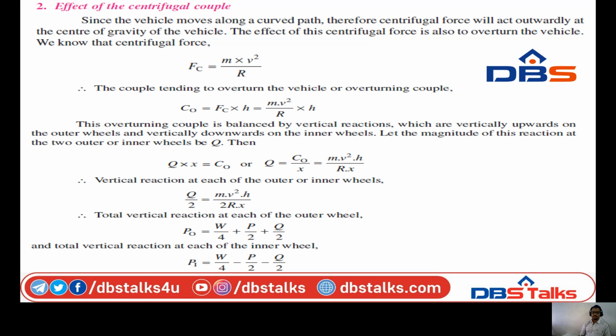In order to maintain contact between the inner wheels and the ground, the sum of P by 2 and Q by 2 must be less than W by 4. This is the main criterion we have to follow for taking a turn to the left or right, so that overturning is not allowed. With that, we can ensure no slipping of the vehicle during turning.